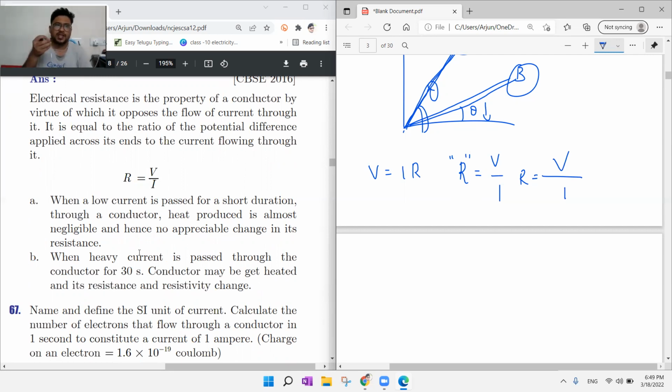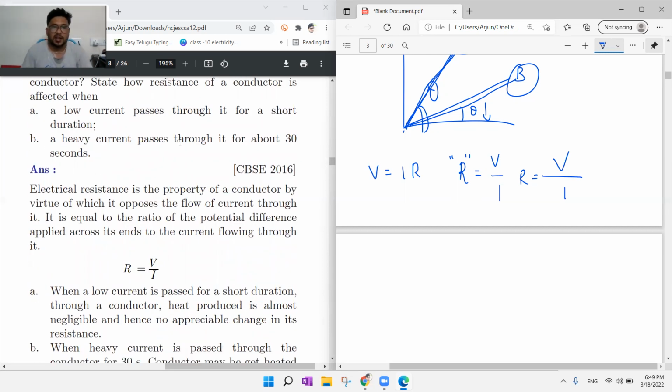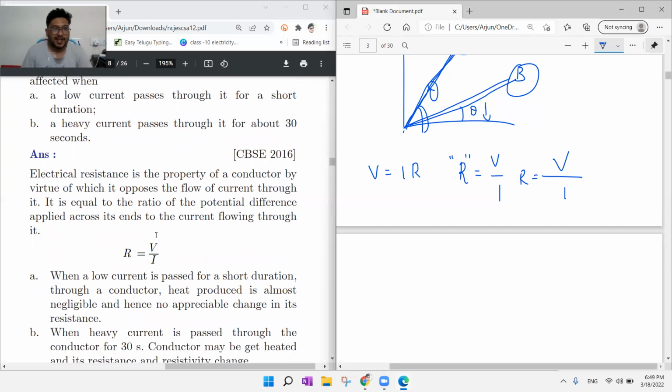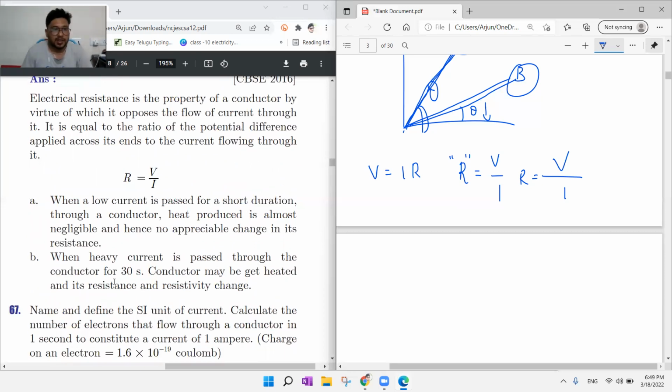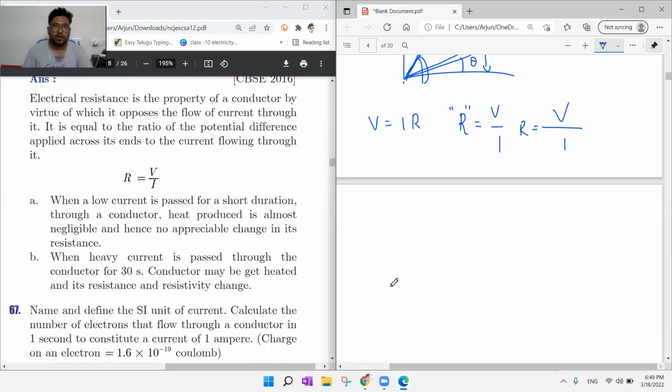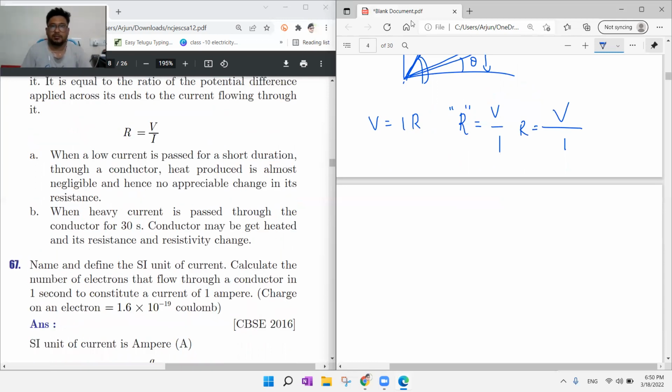Next one, if you pass heavy current for about 30 seconds, the conductor may get heated and its resistance and resistivity change. If you pass current for a much longer time, 30 seconds, 1 minute, 5 minutes, 1 or 2 hours, definitely heat is generated. But for a short duration, heat is not generated. That is the answer you have to write.